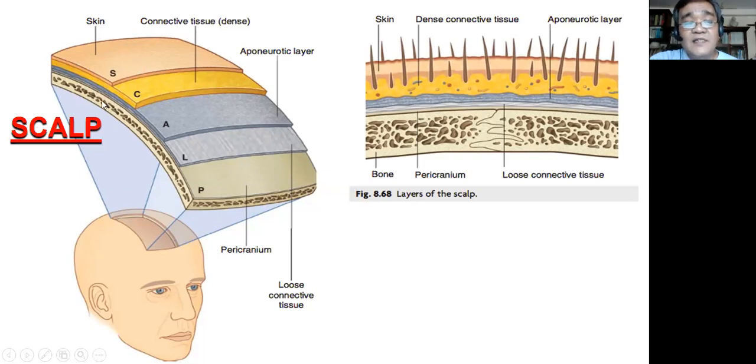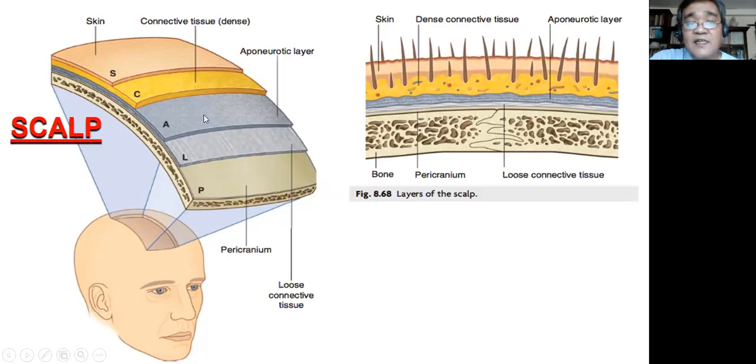The second layer, C, is your connective tissue, which is a dense layer, and this layer is very vascular because most of the blood vessels or the branches of the artery supplying the scalp run within this layer. So if you have a wound to the scalp, you will notice that it bleeds profusely. It is because of the presence of this dense connective tissue layer.